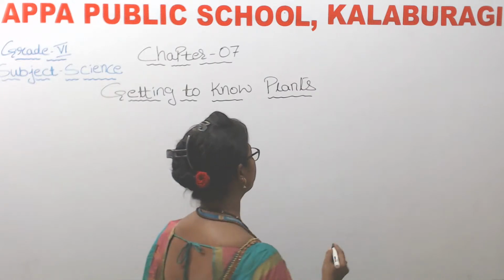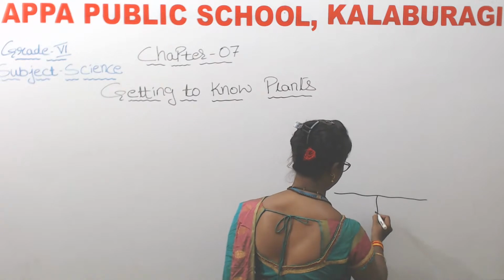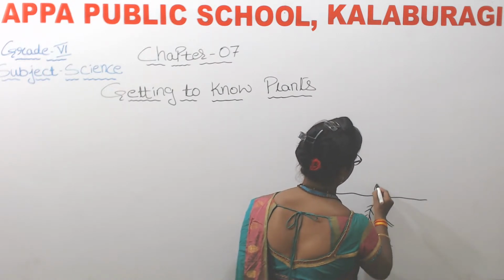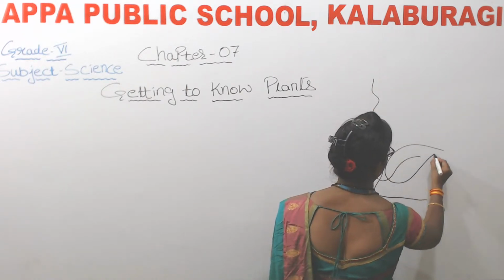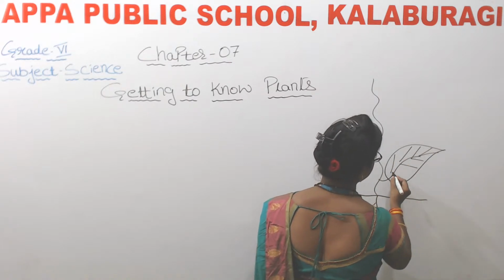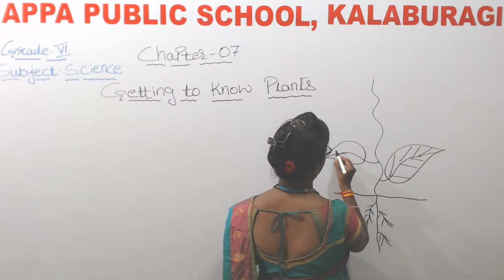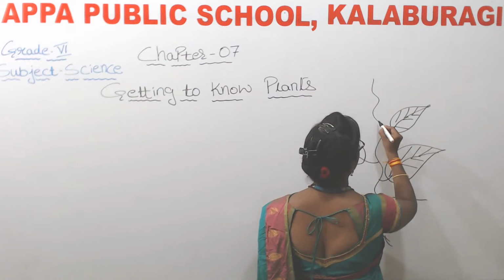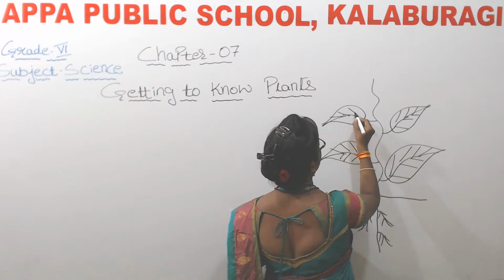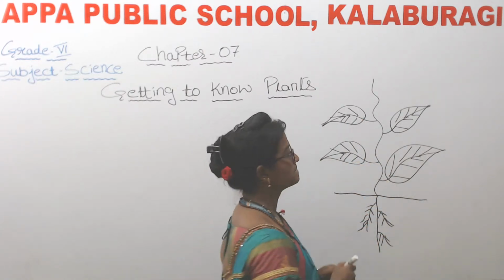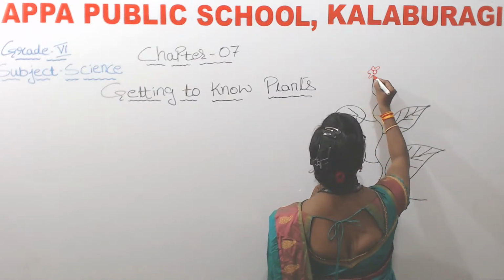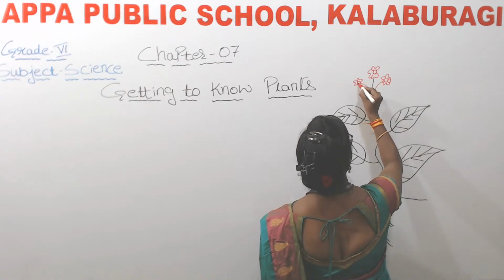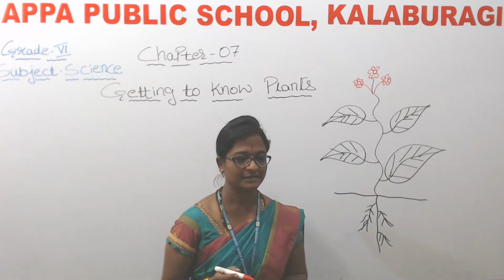Let me draw here once again. So here is a rough diagram of a plant.